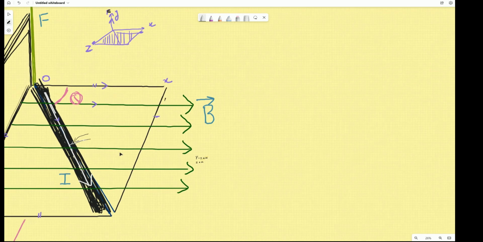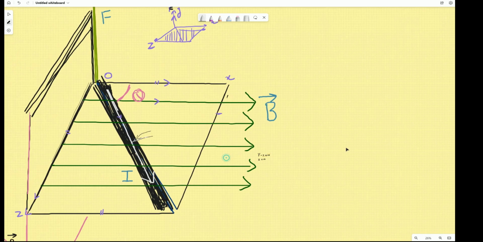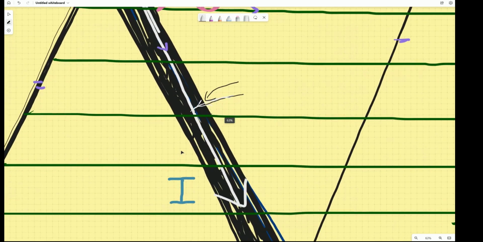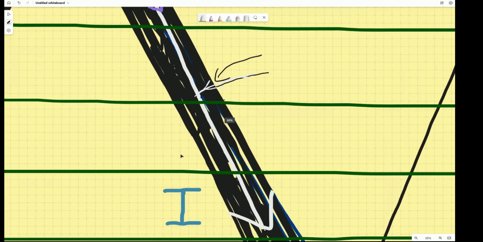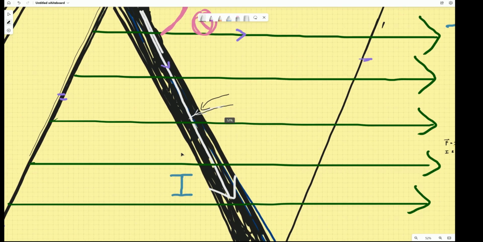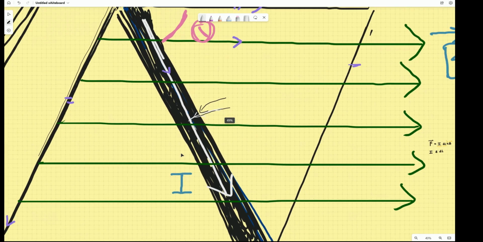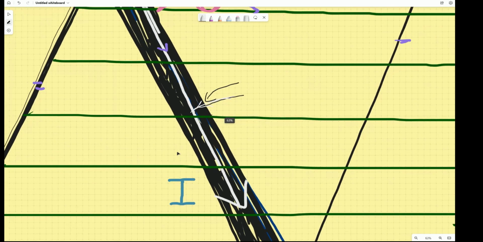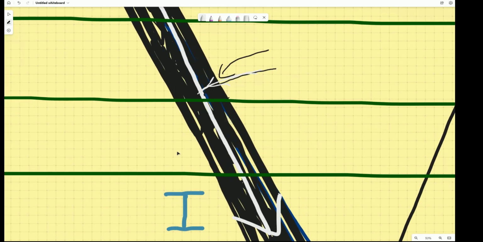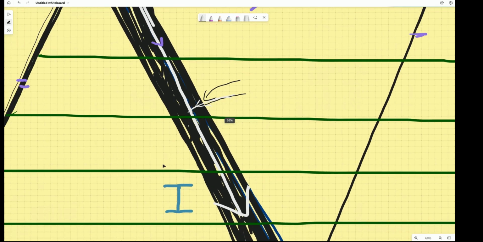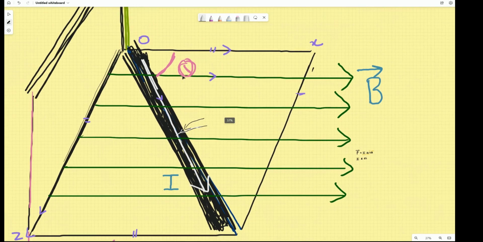The good thing in this wire is that the direction of the current and the length have the same direction. Whatever is the length in a particular angle, if you see the wire is making an angle theta, even the current is along the wire. There is no change in that.